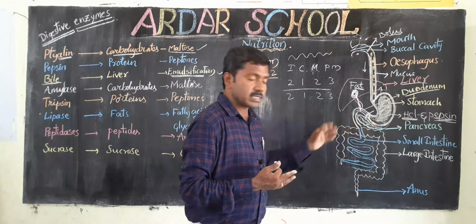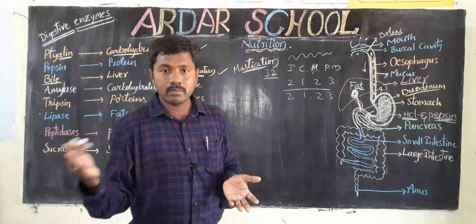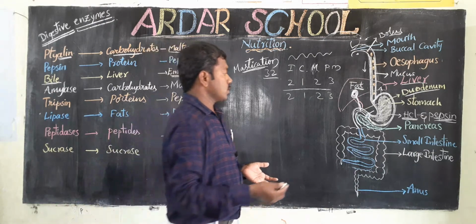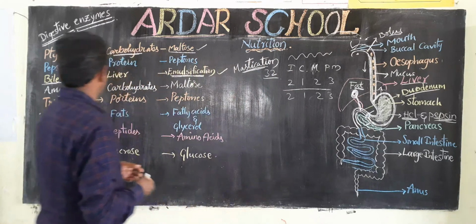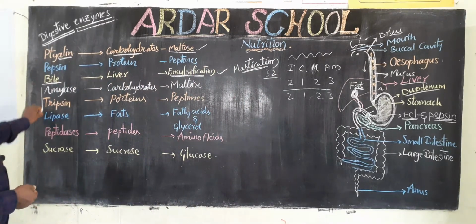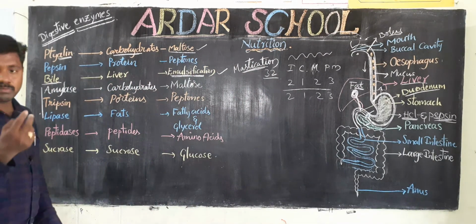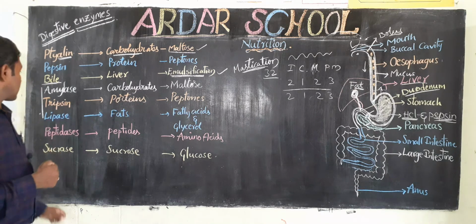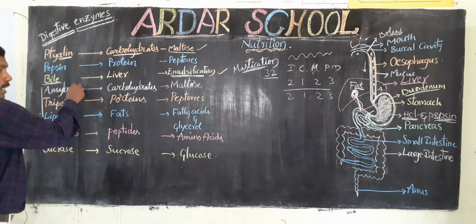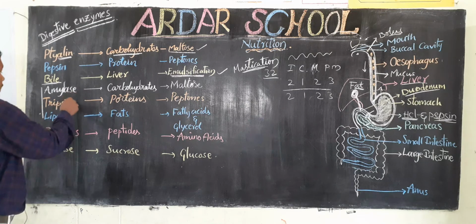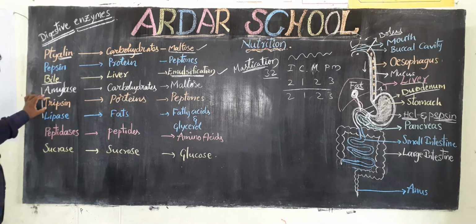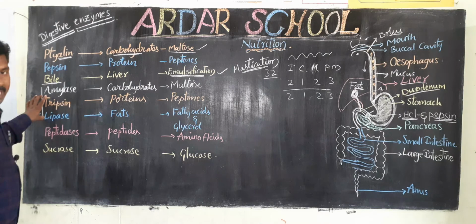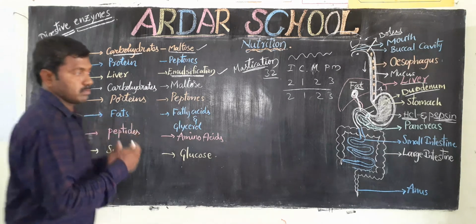Sometimes one part releases enzymes, another releases hormones. From the pancreas, mainly three enzymes are released: amylase, trypsin and lipase. The three enzymes are released by the pancreas into the duodenum.